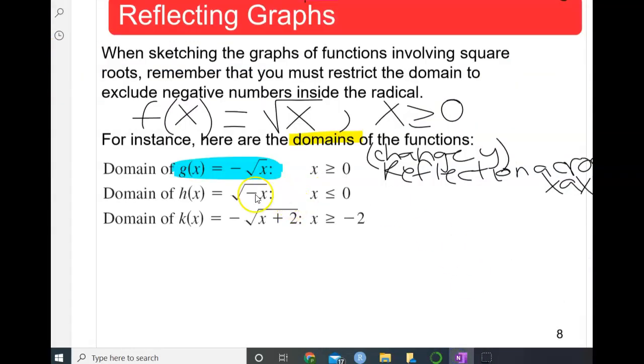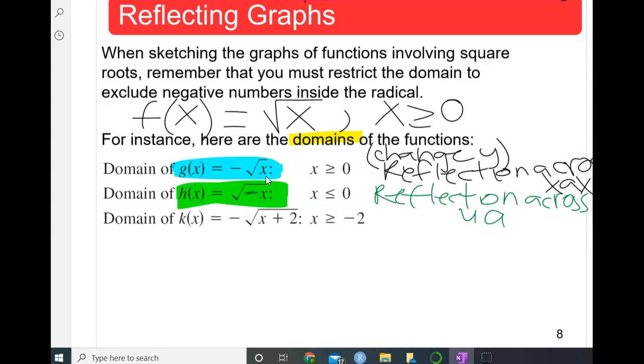Okay, for the next reflection, I'm going to leave the parent function there. Let's go back to our notes. We have h of x equal to the square root, and now we have the negative x inside the square root. According to our notes, since the x is the one changing, this is going to be a reflection across the y-axis.